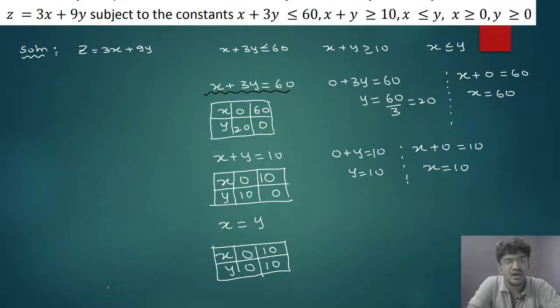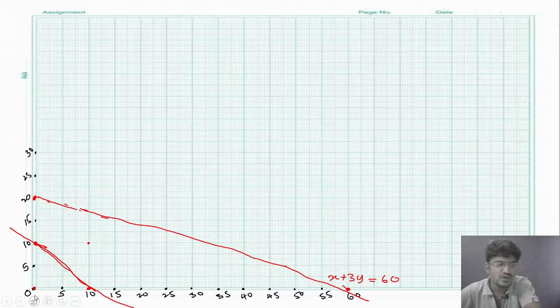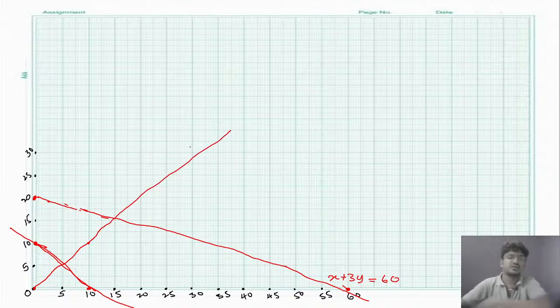Next, another one is the line passing through the origin. That is 10 comma 10 and 0 comma 0. So here the line is passing through the origin.